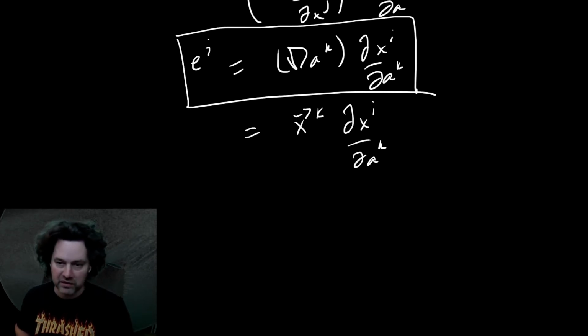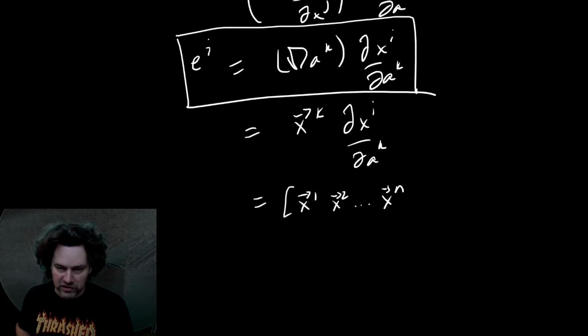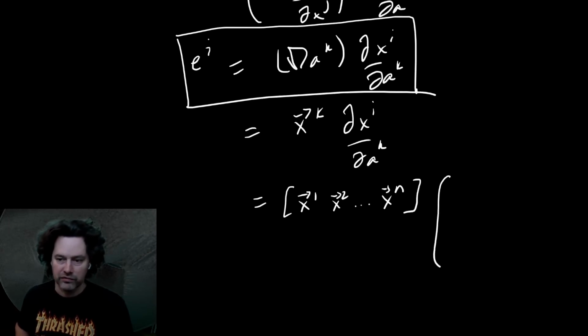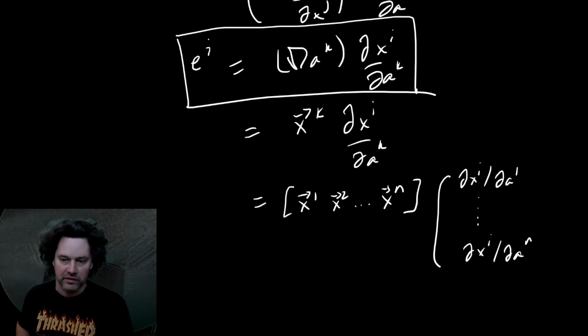Not matrix form yet, but we have a sum over a^k. So we can write this as x^1, x^2 to x^n. These are the reciprocal frame vectors, not the coordinates. And then we have ∂x^i/∂a^1, all the way down to ∂x^i/∂a^n.